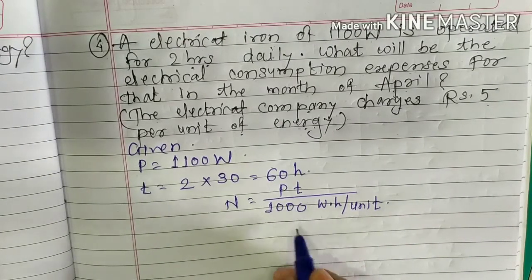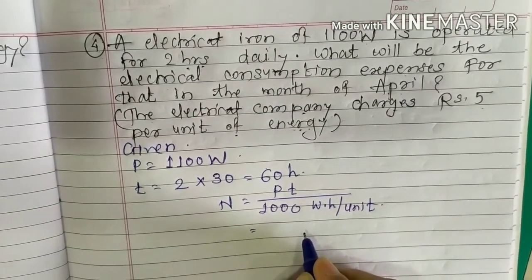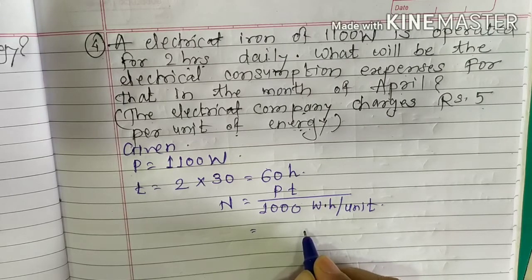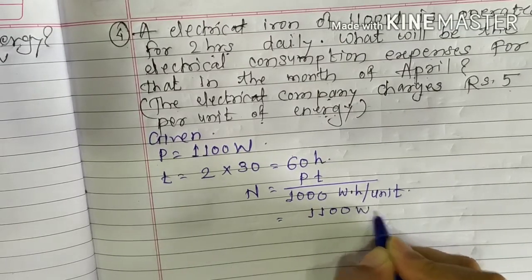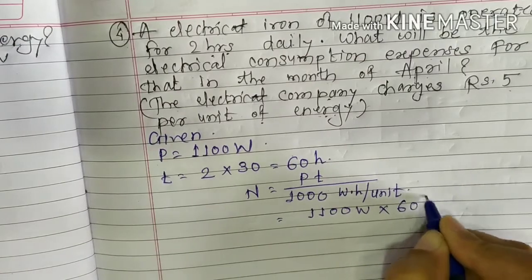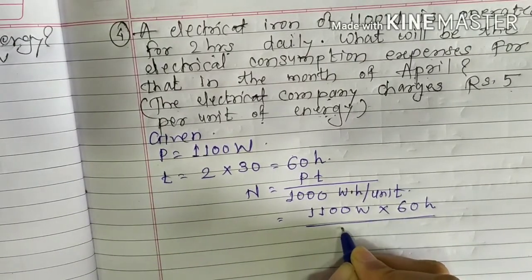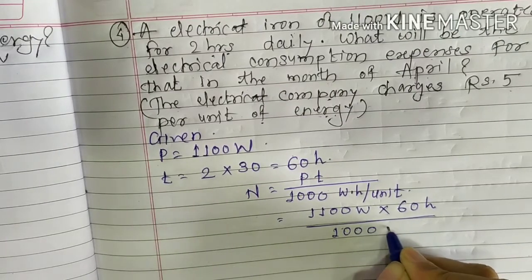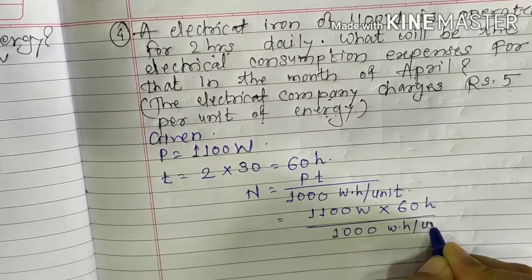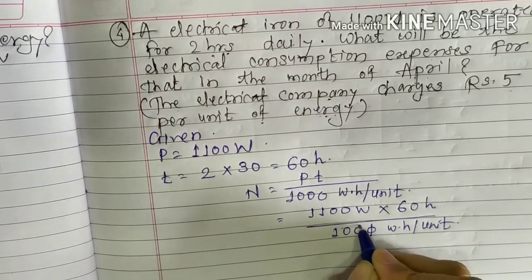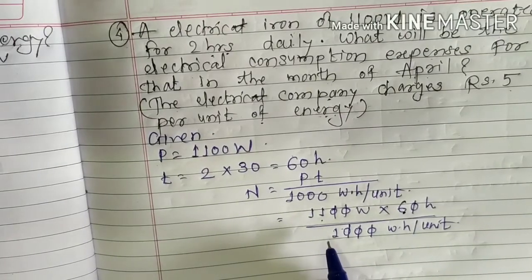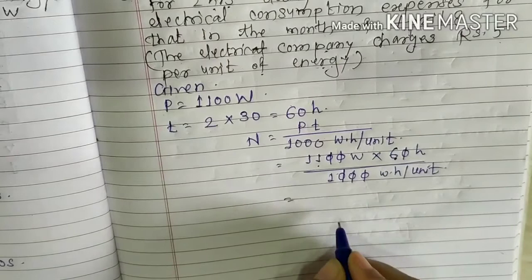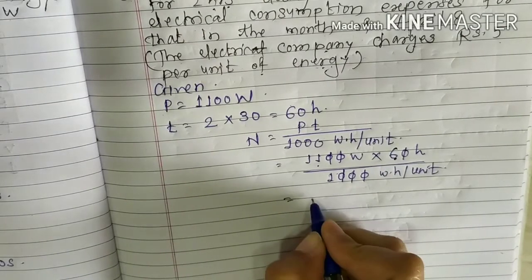Let's fill the values here. P into T, 1100 watt into time, that is 60 hours, divided by 1000 watt hour, in unit, that is 66 units.